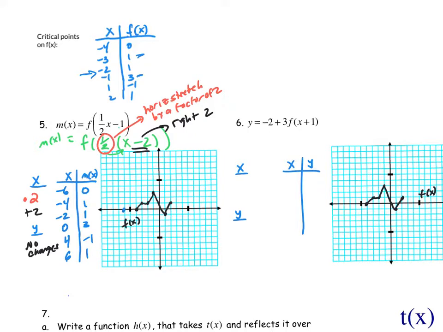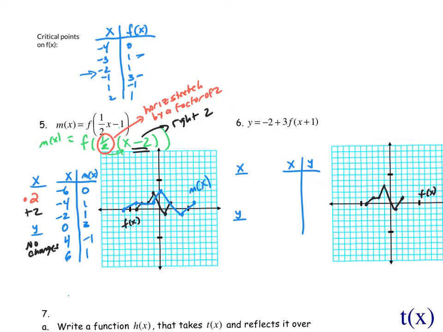You can see I already plotted f of x to save a little time. -4, 1. -2, 1. 0, 3, 4, -1, and 6, 1. And then I'm going to connect these line segments to get our transform function, which is m of x.